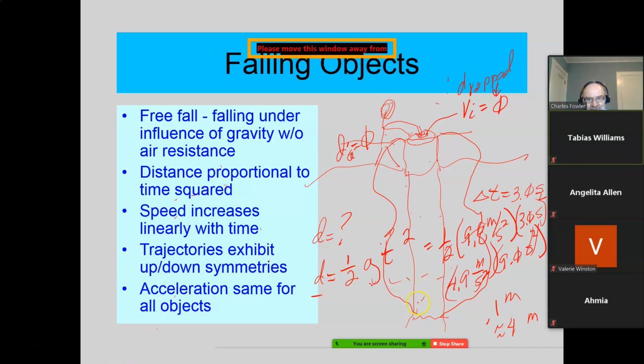Goodness gracious. So the distance is 44.1 meters. You only have 2 significant digits. Count 2, look to the right. It's a 1 that's less than 5, so just round it to 44 meters.